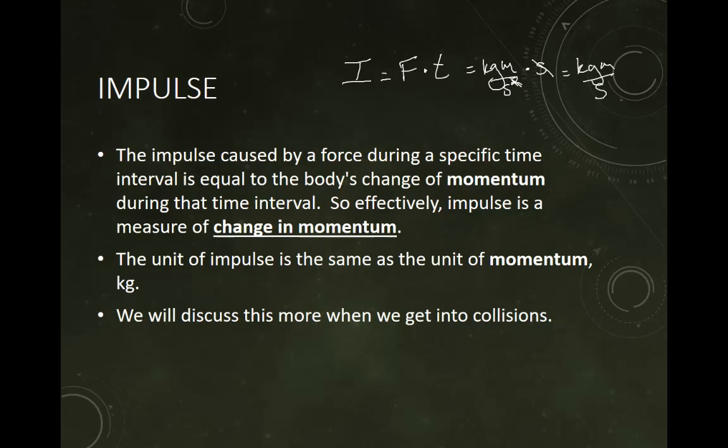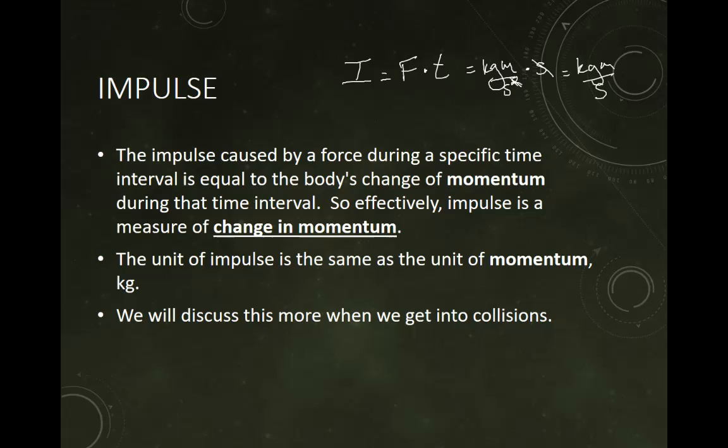So there is a relationship between impulse, force times time, and momentum, mass times velocity. The impulse caused by a force during a specific time interval is equal to the body's change in momentum. This will come into play when we take a look at it in our next unit.